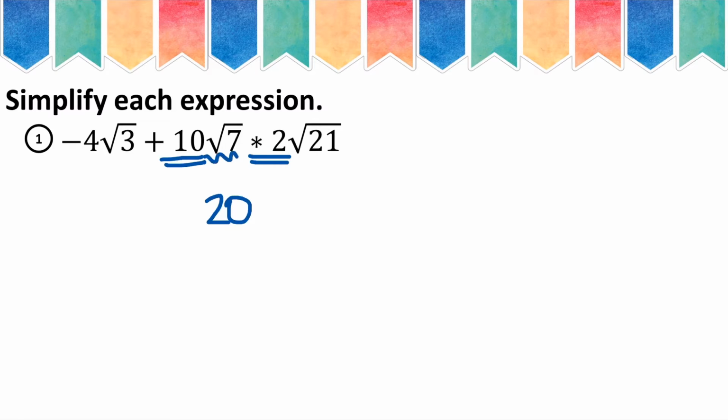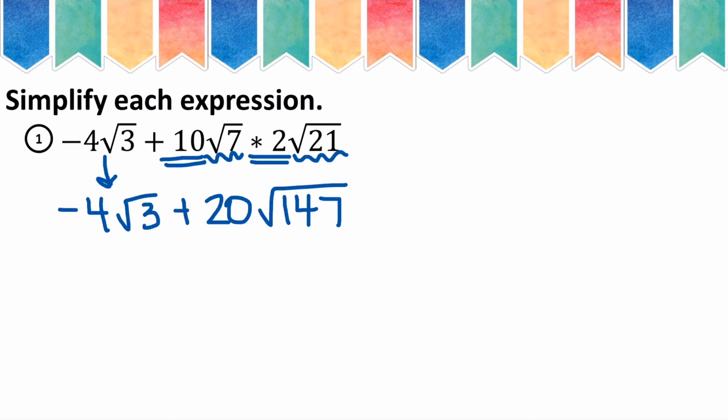Then I will take the square root of 7 multiplied by the square root of 21 to get the square root of 147. And this front term will come down.